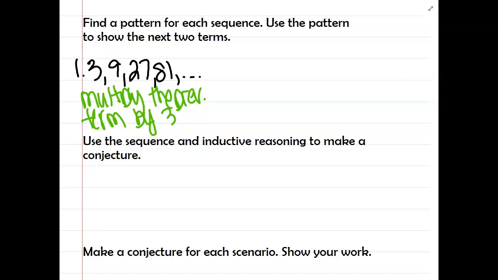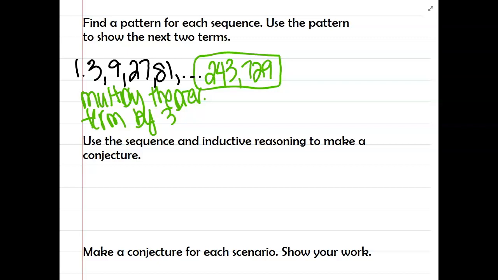So to find the next 2 terms, I would take 81 times 3, which is 243, just off the top of my head. Some of those math facts I know. And then 243 times 3 should give me 729. Once again, just off the top of my head. Just kidding.